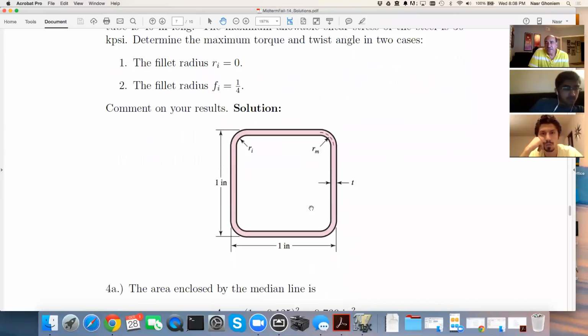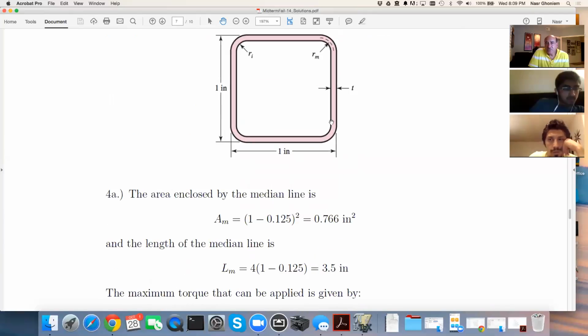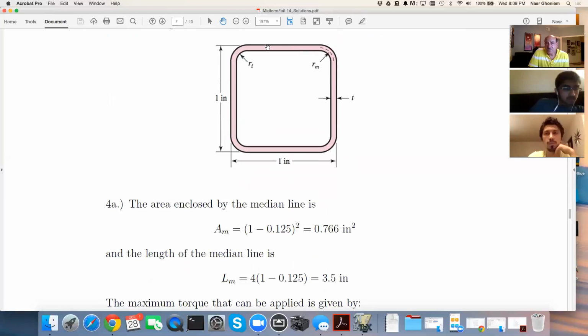And if you go back to your stress section, stress examples, you find that we have what's called Bredt's formula. Bredt's formula gives you the shear stress in thin walls, knowing the mean perimeter. So we have to calculate the mean area of the section, and then knowing the thickness. For the mean area, we have to draw a line which goes in the middle of the section, which is 1 inch minus t over 2, thickness over 2, squared.